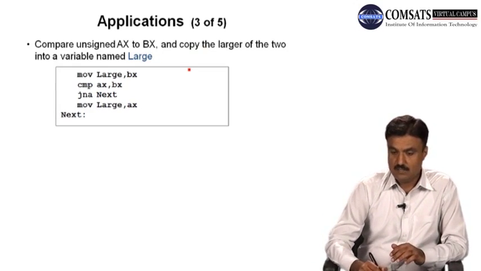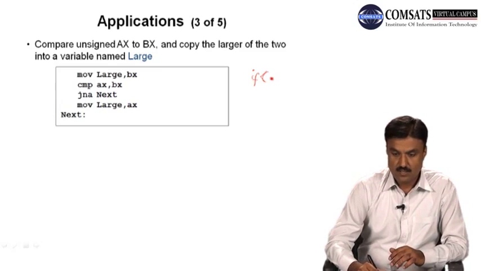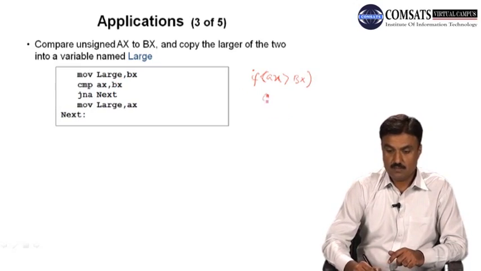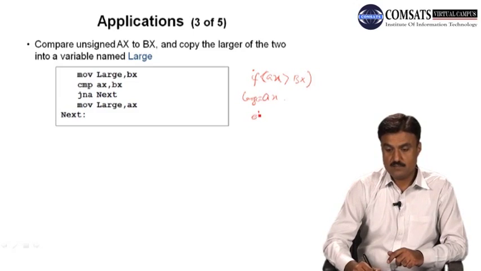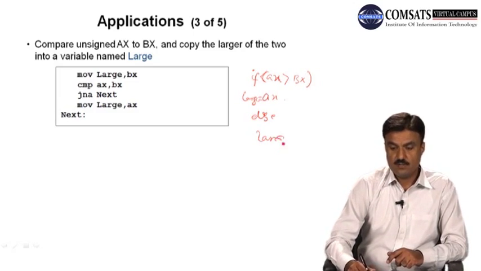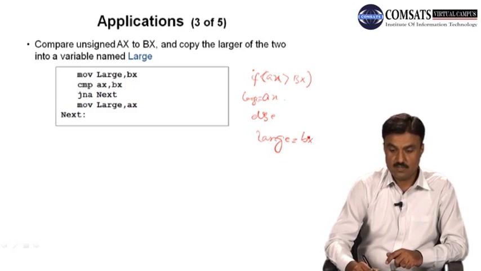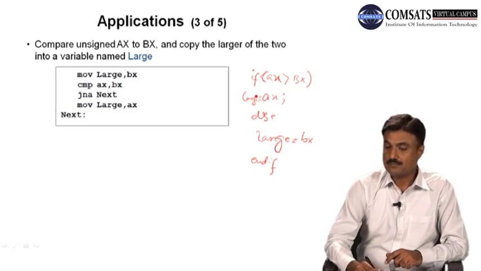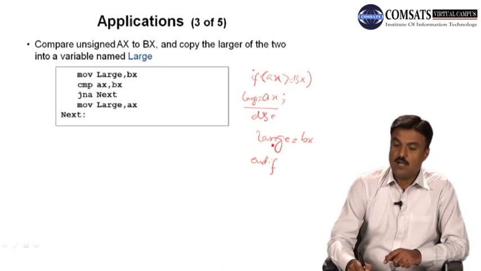In C, we can say if AX is greater than BX, then large is equal to AX, otherwise large is equal to BX. So this is actually the logic. If AX is greater than or equal to BX, large is equal to AX, else large is equal to BX.